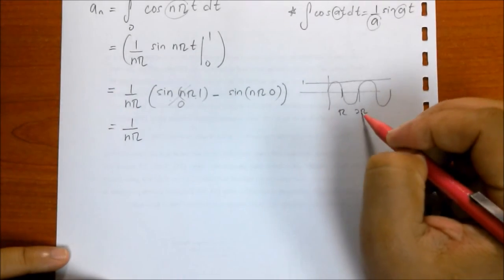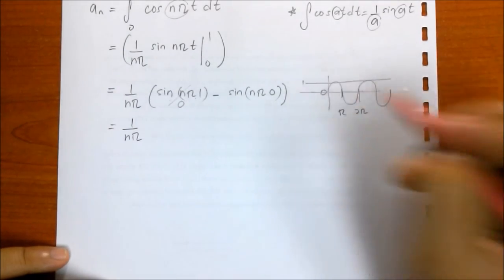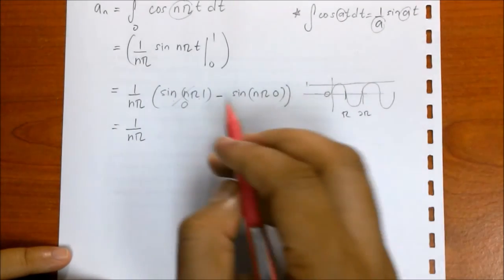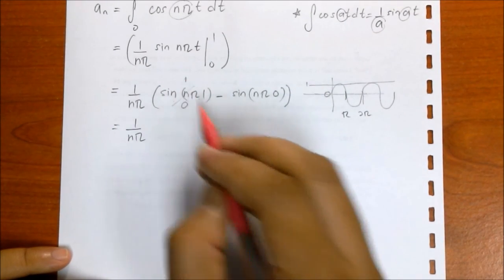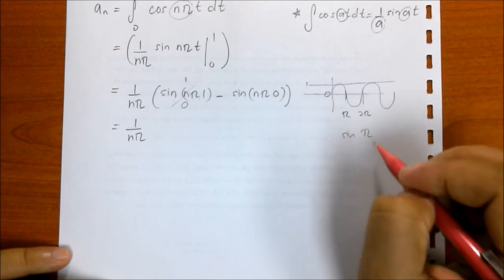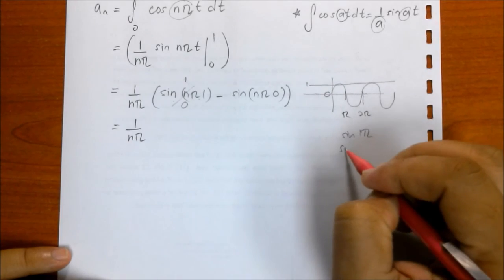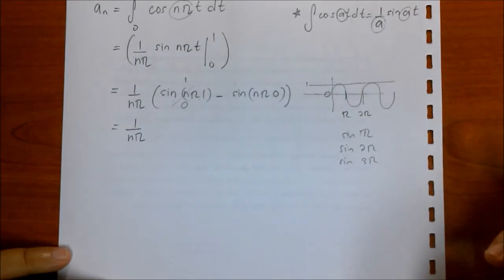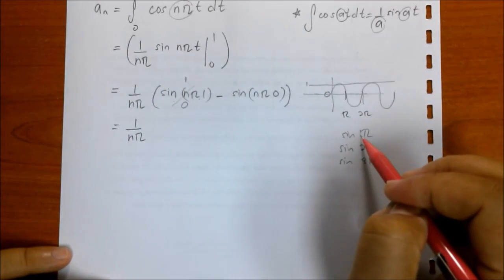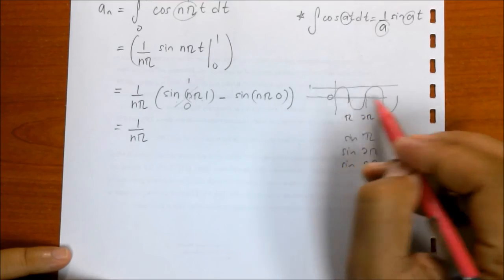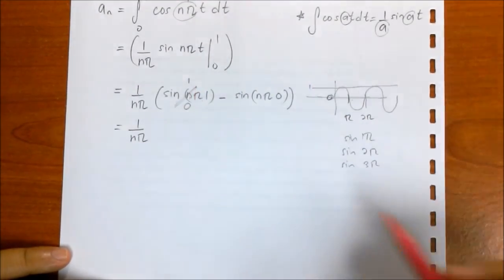For sine 2 pi, that is 0. So for whatever value, if n is 1, it's sine pi, sine 2 pi, sine 3 pi, so whatever value of n, it will always be 0, right?